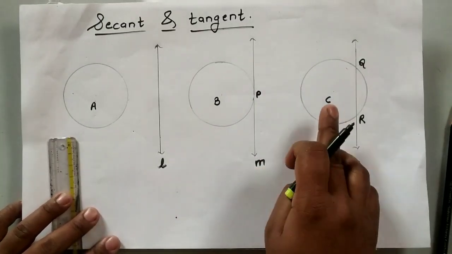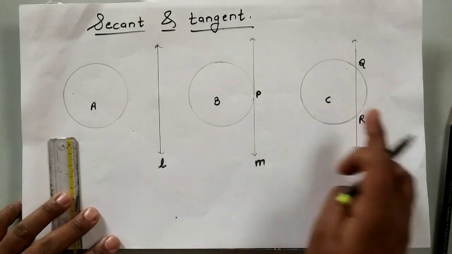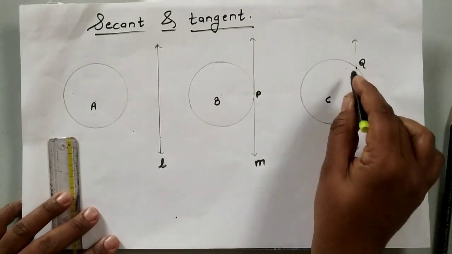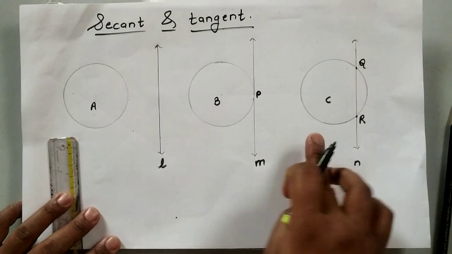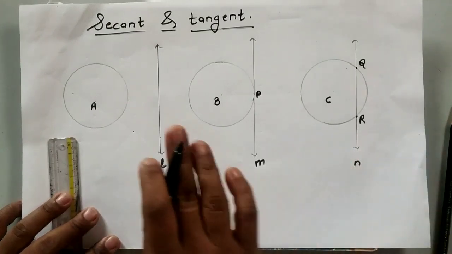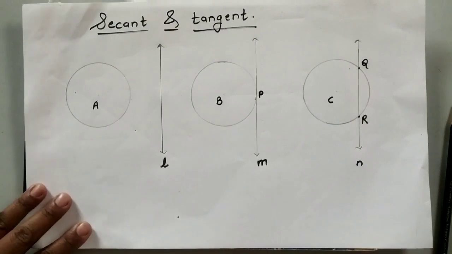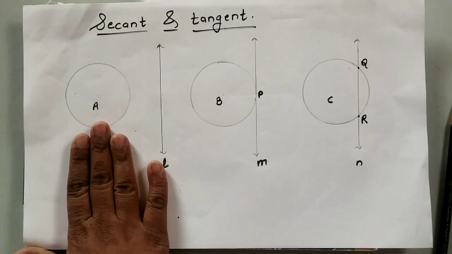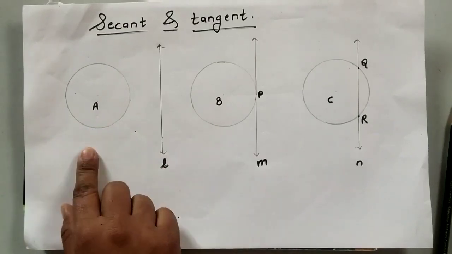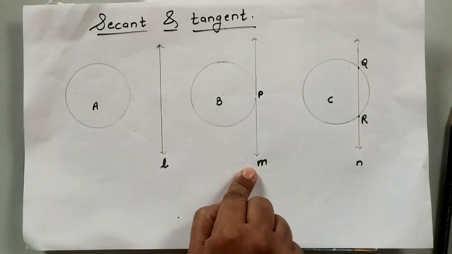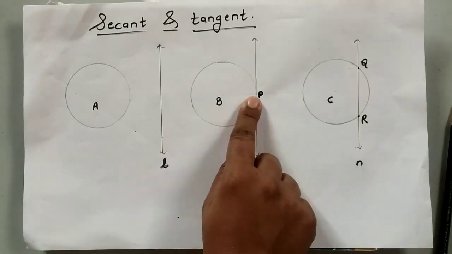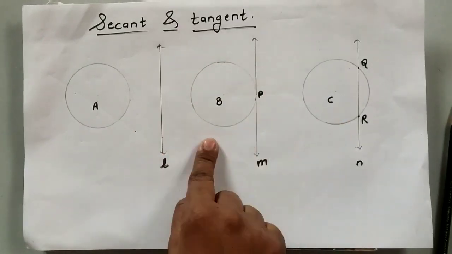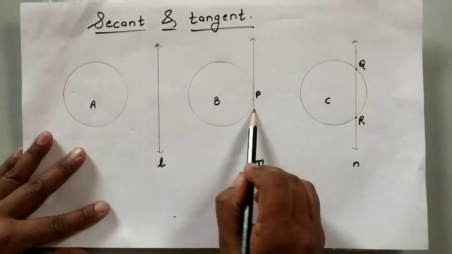And in the third figure there are two points of contact, these two points Q and R, between the circle and this line L. Point P is common to both the circle and the line.